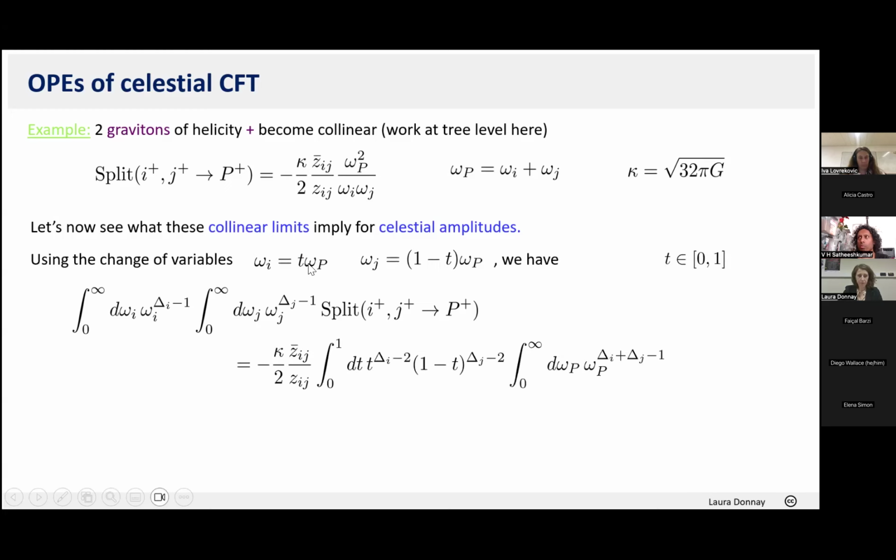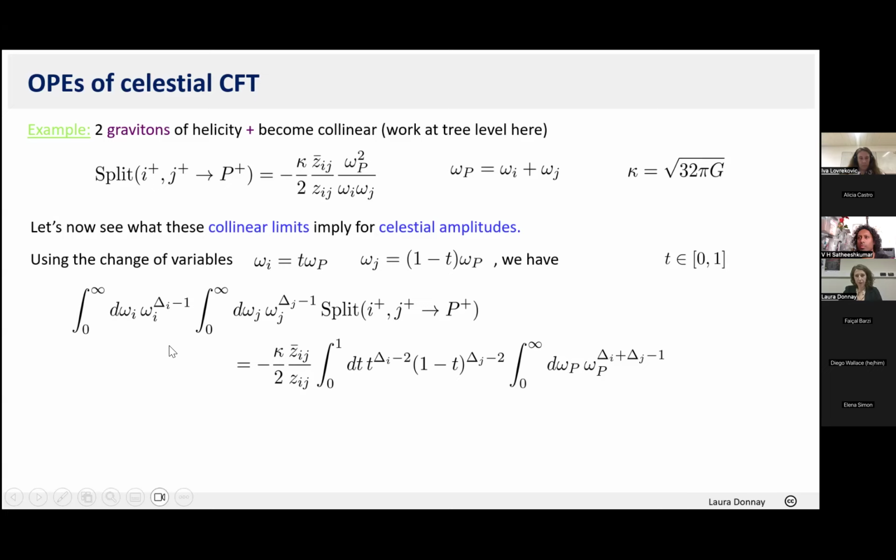Again, it turns out nice to make this change of variables, where you introduce this t, which goes from 0 to 1. You can see that I am introducing t, but I still have that omega P is the sum of omega i plus omega j. In terms of this new variable, you can rewrite this integral as follows. You have an integral over omega P with this power, times this integral over t.